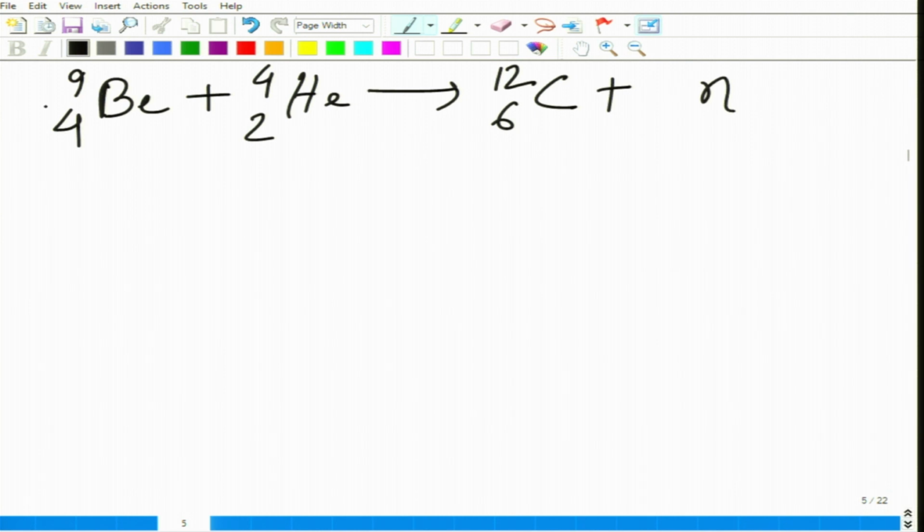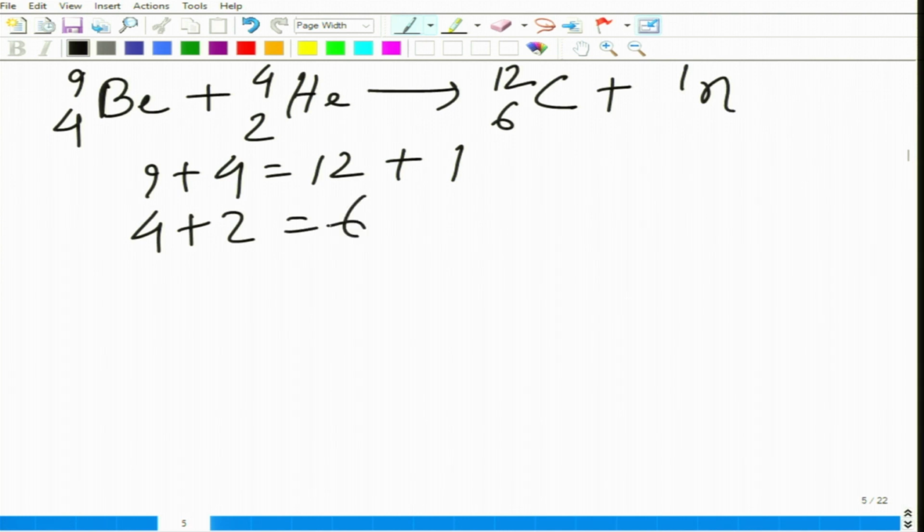So, if we equate the mass numbers, we get 9 plus 4 equal to 13. So, it should be 12 plus 1. So, this new particle that was found, it should have a mass of 1, and if we equate the charges, 4 plus 2 equal to 6. So, this new particle should have a charge of 0.